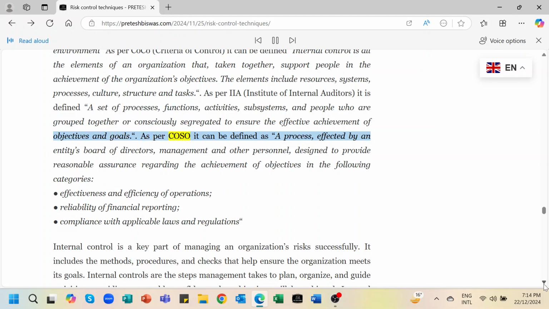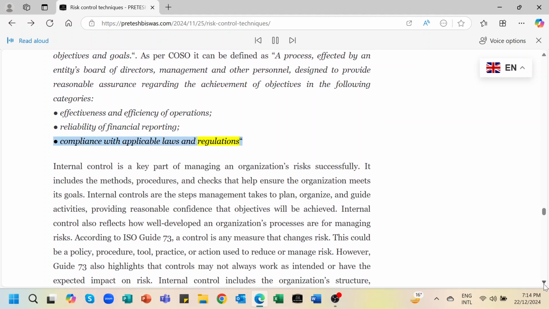As per COSO, it can be defined as a process affected by an entity's board of directors, management, and other personnel, designed to provide reasonable assurance regarding the achievement of objectives in the following categories: effectiveness and efficiency of operations, reliability of financial reporting, and compliance with applicable laws and regulations.